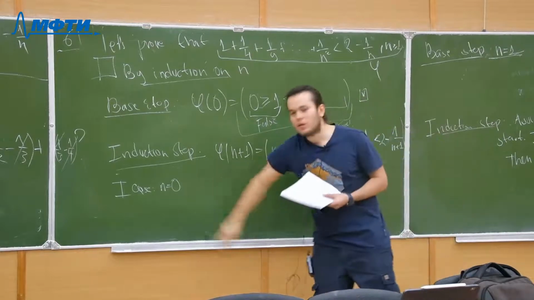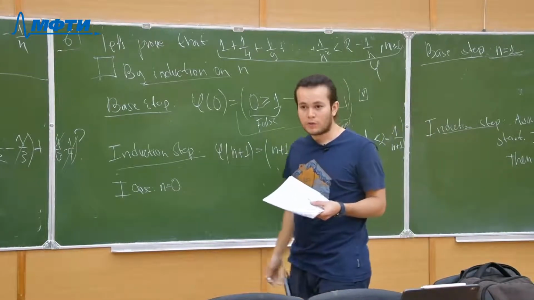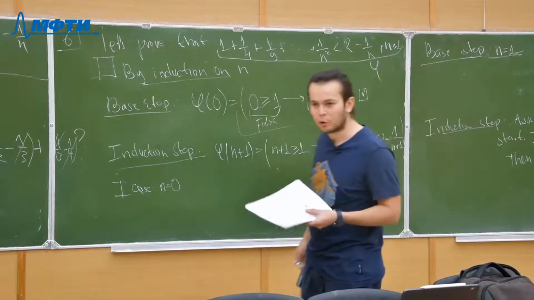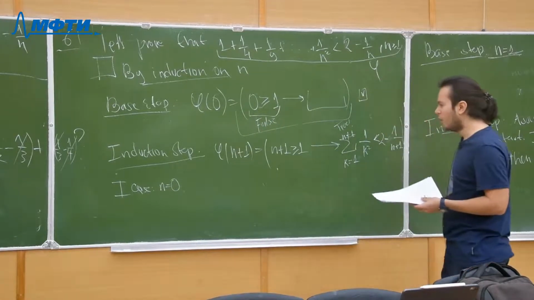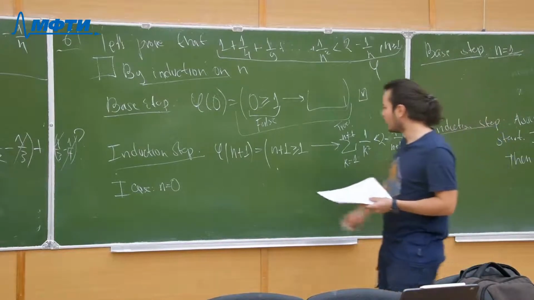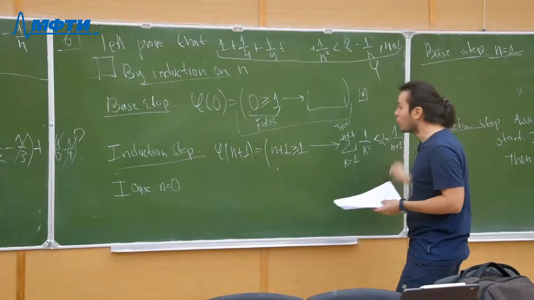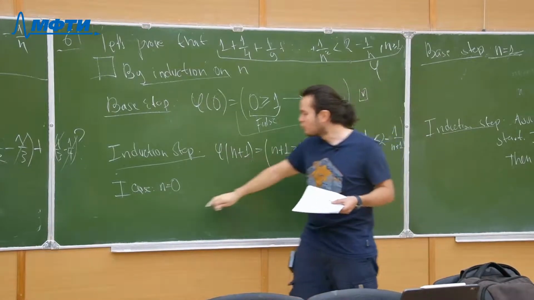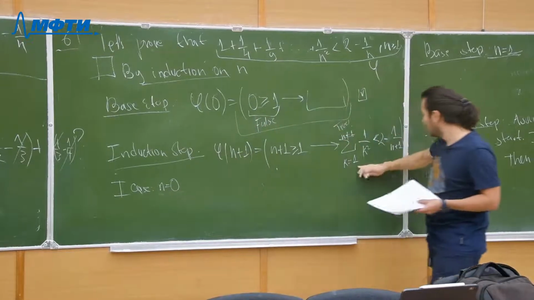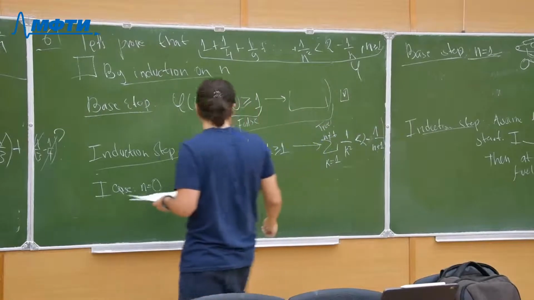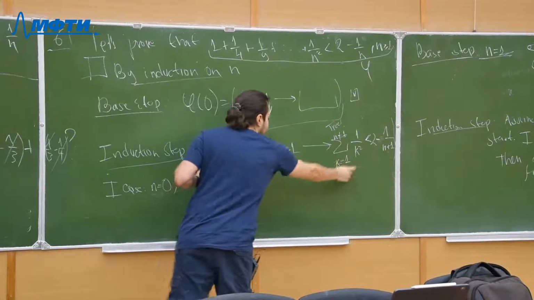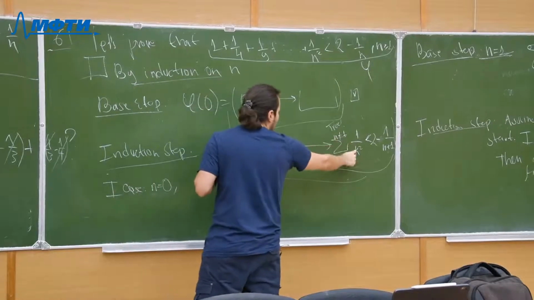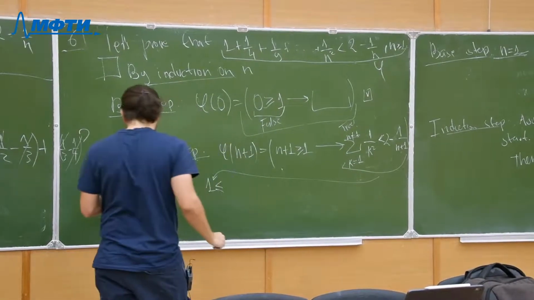So we just have to put this value here, and we obtain 1 over 1.